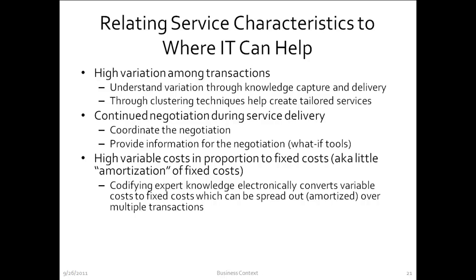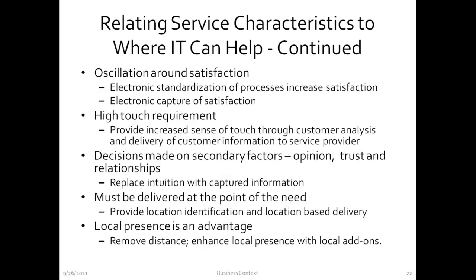So how might an IT system handle that? Well, one way might be to once again try to convert that service into a product and standardize that service. You can do it by providing better training, but essentially you're converting a service into a product.